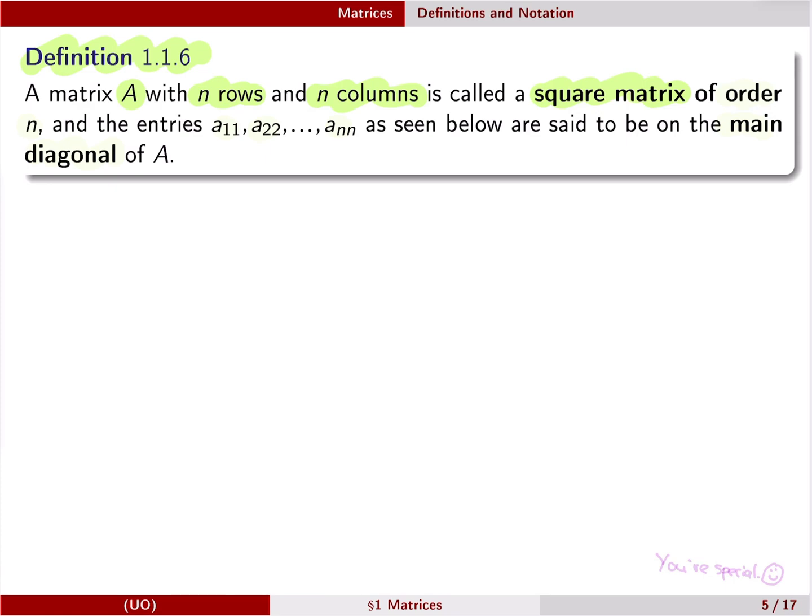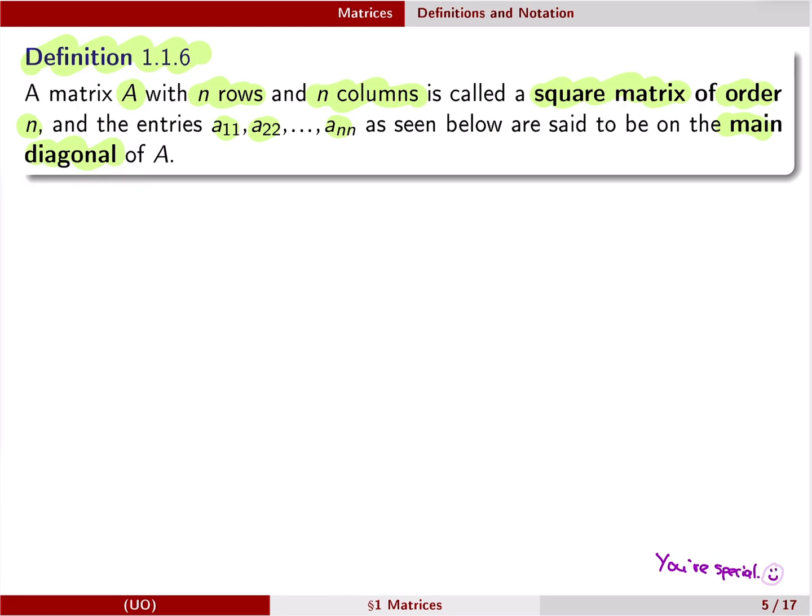So if you have a matrix which has 4 rows and 4 columns, we say that the order of that matrix is 4. And if you are dealing with a square matrix, there are some special entries that we call the entries on the main diagonal. And these entries are a_11, a_22, and a_nn. So those are the important entries that are called the diagonal entries of the matrix.